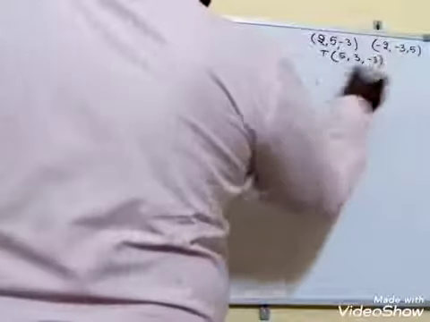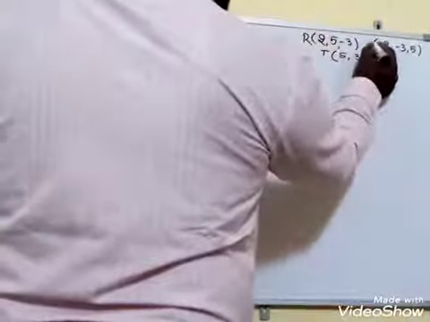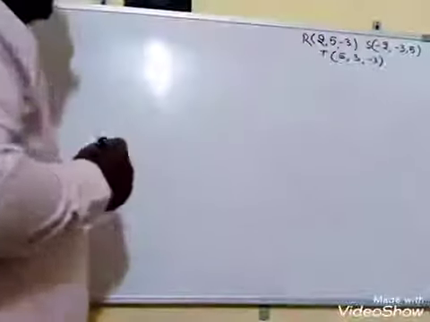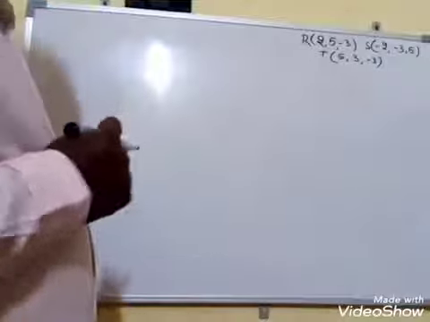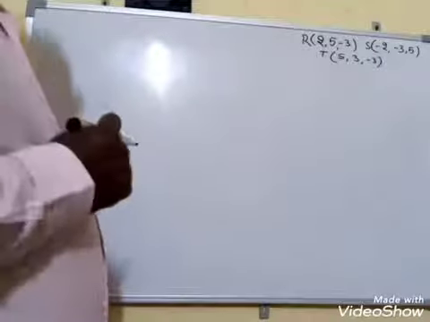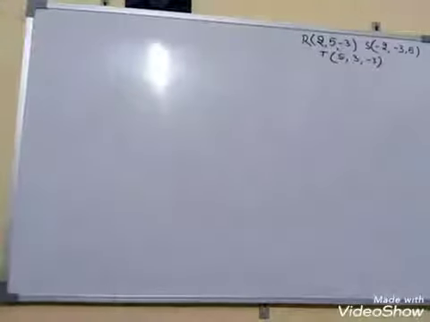The question in your textbook is to find the vector equation of the plane passing through the points R (2, 5, minus 3), S (minus 2, minus 3, 5), and T (5, 3, minus 3).